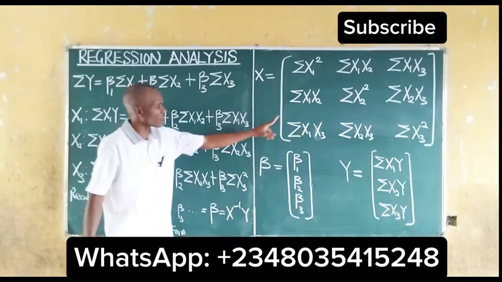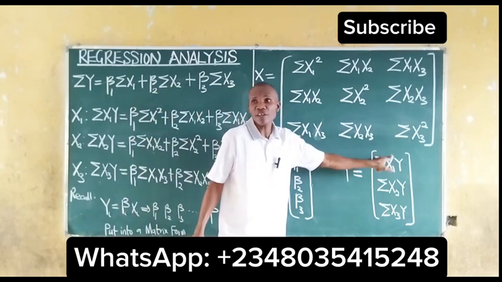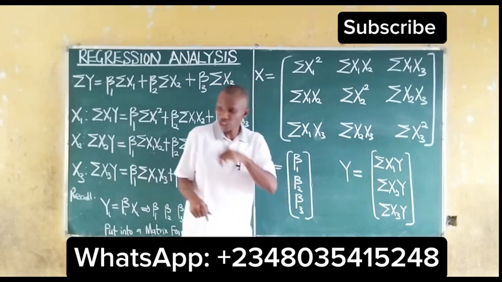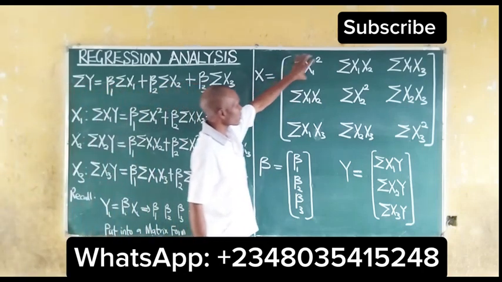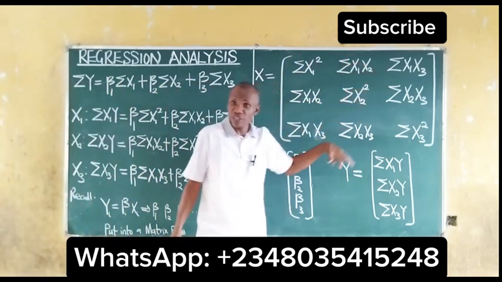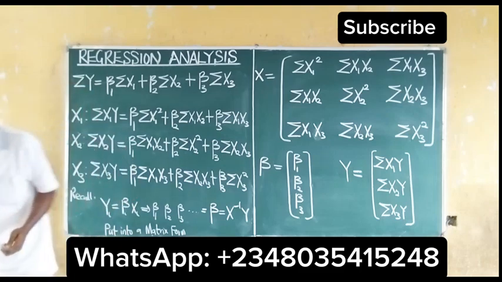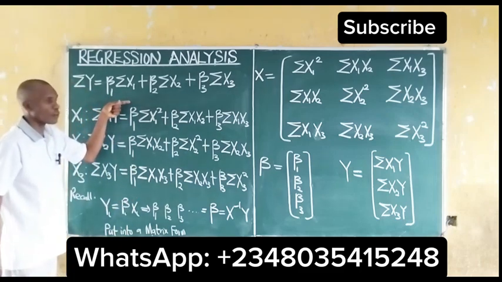So all the values you have here, you can now multiply with the values you have here using inverse and matrix multiplication. So we move over to this side to find how you can compute what all of these are, in case you have a question with data.